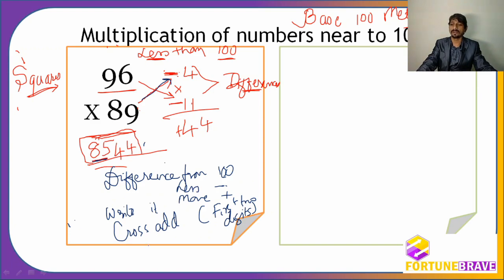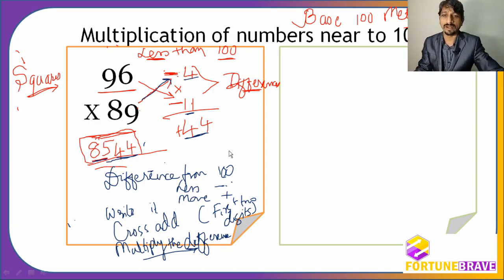That is very important. And then multiply the differences and write it in front of them. That you can note down. Multiply minus 4 into minus 11, and then it is plus 44, so I wrote it like this. Is that clear?